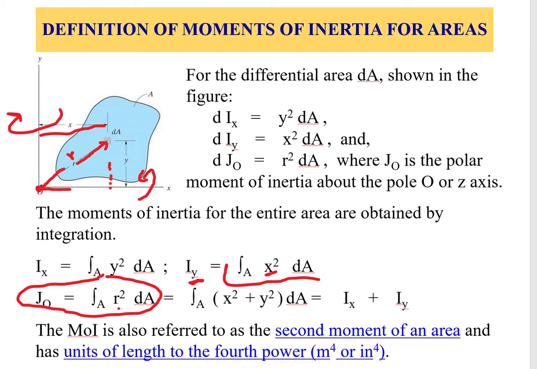Now, there's a relation between r, x, and y from the Pythagorean theorem: r squared is equal to x squared plus y squared, and because the integration can be distributed, this gives us the relationship between the polar moment of inertia and the moments of inertia about x and y, following this equation, right? So this is equal to J0. This means that you don't have to conduct this integration; you can calculate each moment of inertia separately and then combine them to get your polar moment of inertia.